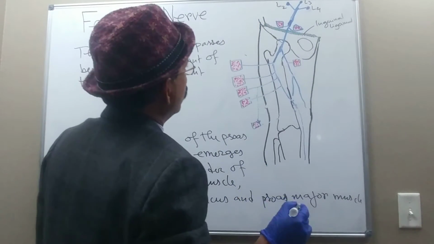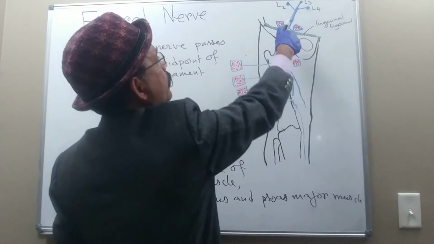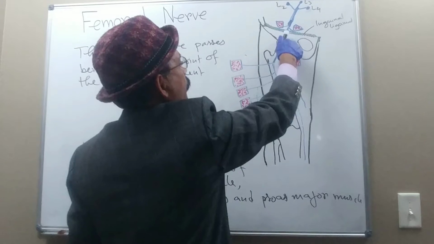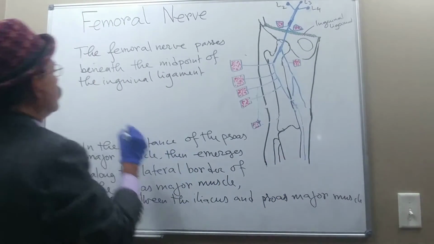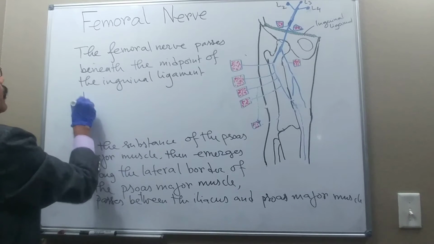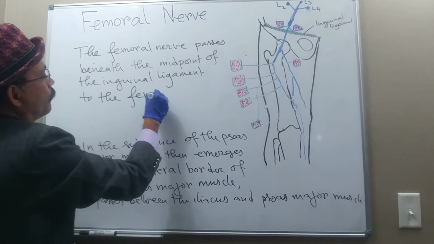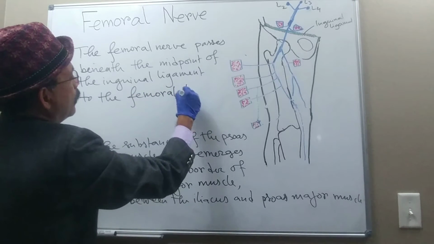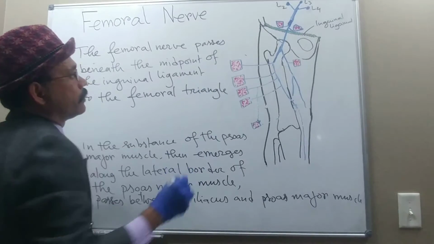This is the midpoint, and underneath the midpoint the femoral nerve passes to the femoral triangle. Okay, we got that.